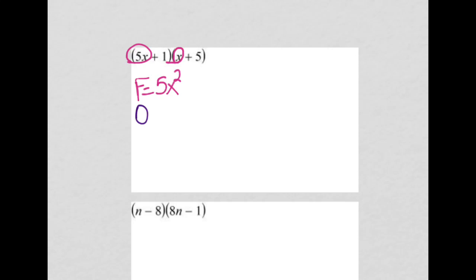Then I go to the outside terms, which means I look at 5x again, but this time with the 5. 5 times 5 is 25, and I have an x over here on this first term, so it's 25x.